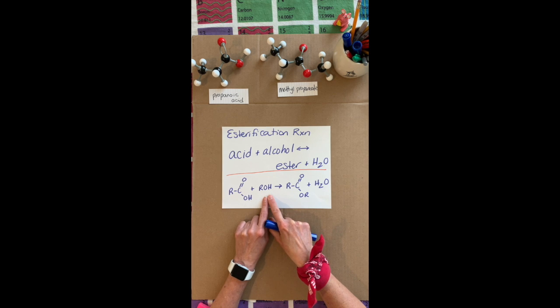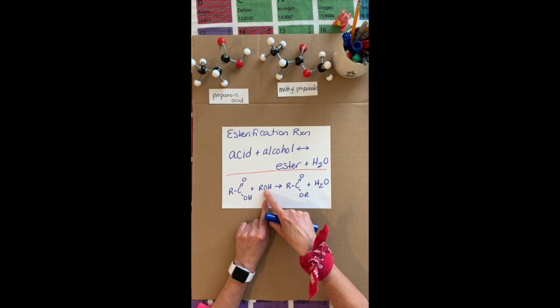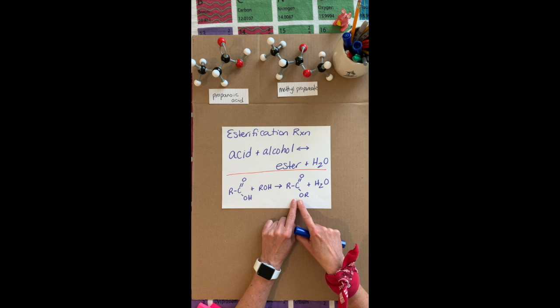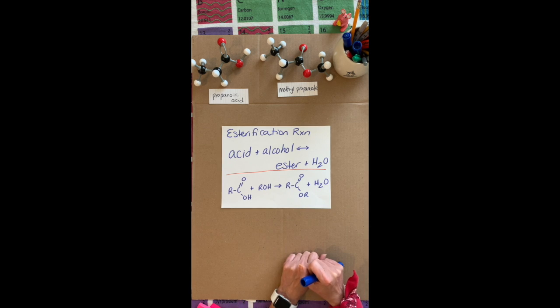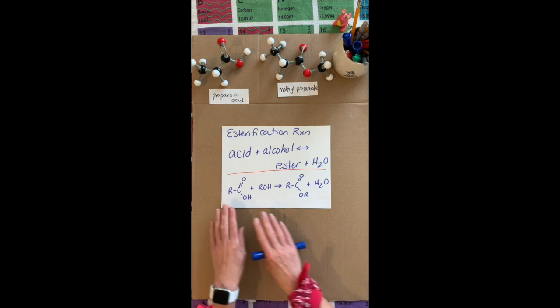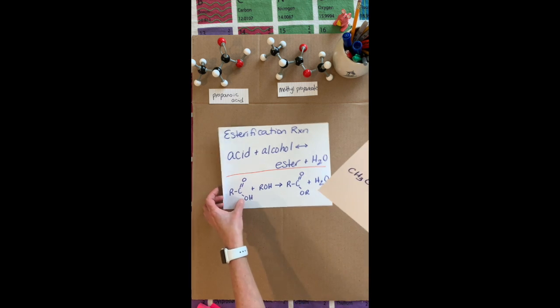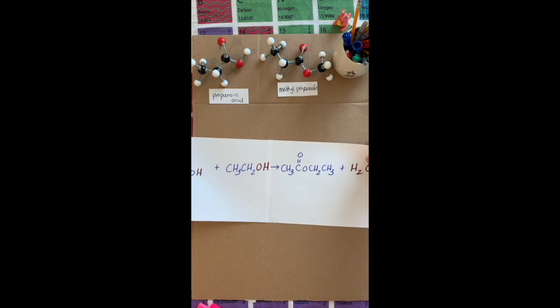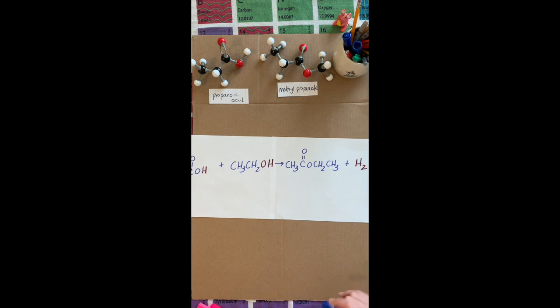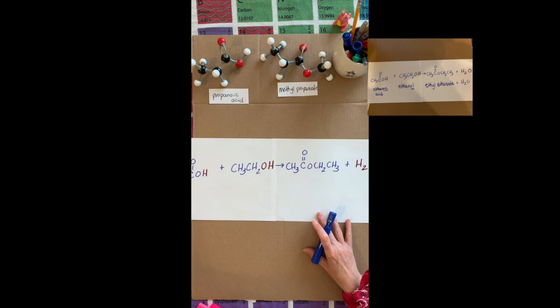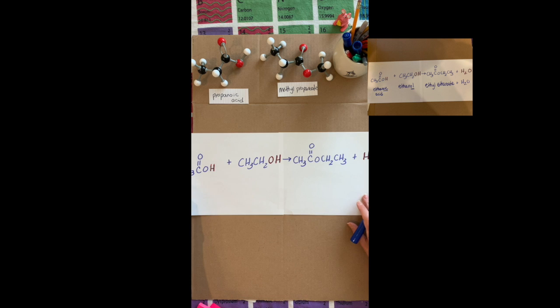Reacting with an alcohol, it's got that hydroxyl group to yield an ester that has a carbonyl group and an oxygen sandwich in it. And then plain old water there. Of course, I'm going to show you a full example of this. And wow, this is going to take up a lot of space here. All right, I hope this all fits.